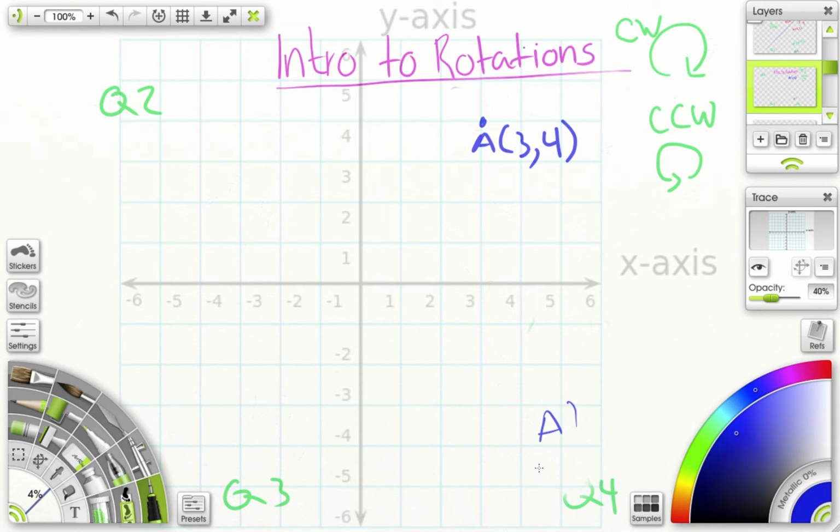Basically, the rule for a 90-degree rotation, and I started in quadrant 1, is I take my x and my y digits, I switch them around, so it becomes 4, 3. I switch them around, and essentially what happens is my second digit becomes negative.